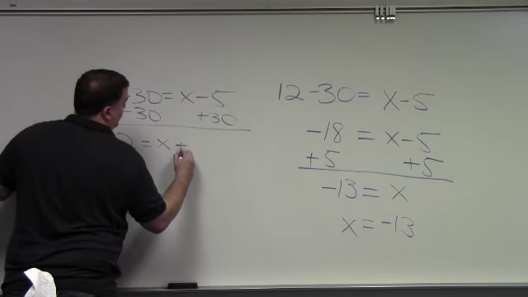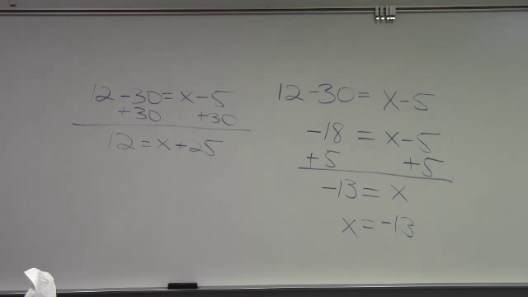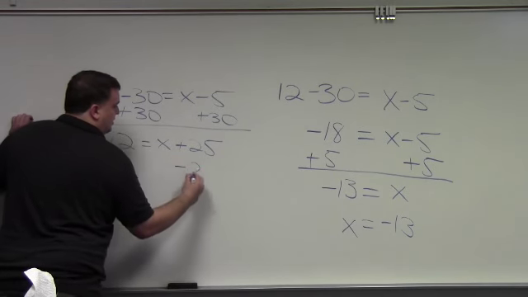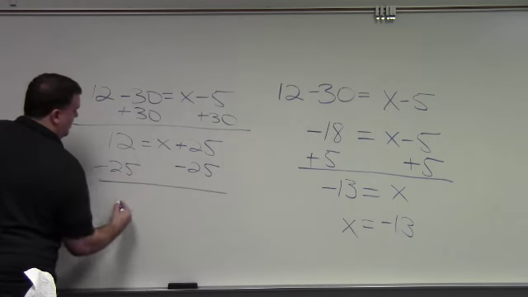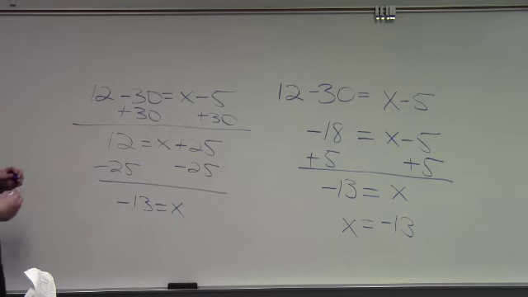Negative 5 plus 30 is plus 25, right? Then what would your next step have been? Your goal would still be to get x by itself, so you subtract 25 from both sides. You still get negative 13.